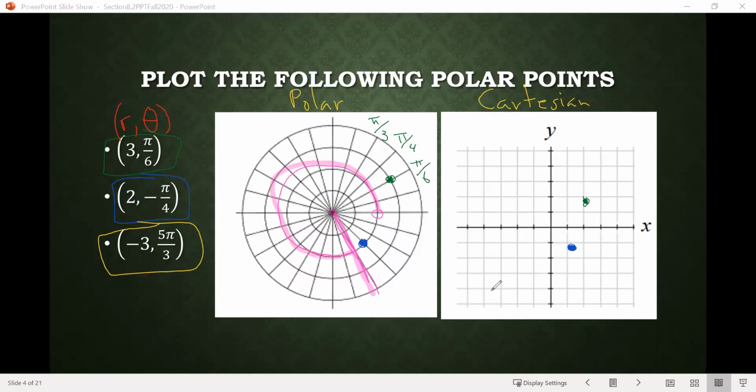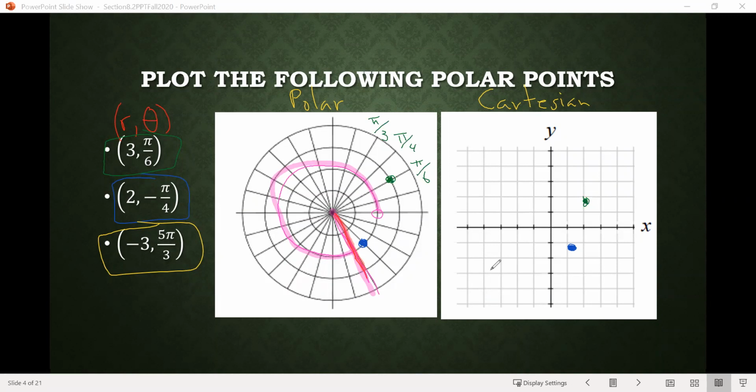And then in this case, the radius is -3. And in the problems we have been doing, if it was like, say, a distance of 3, we would start at the origin, go out 1, 2, 3 units, right? 1, 2, 3, like that. But in this case, it's -3, which actually tells us to go the opposite way, right?